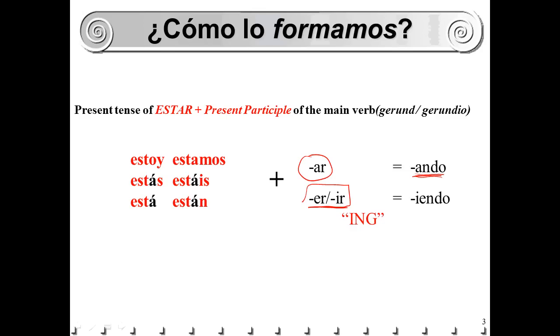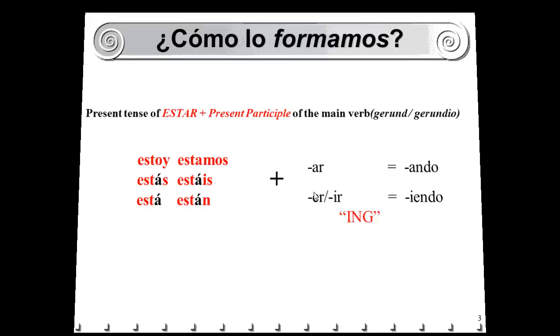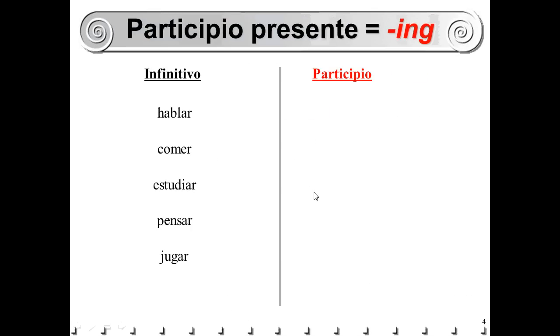So what we're just going to practice now is forming the present participle, which is the ing part of it. So here, for example, we have hablar, comer, estudiar, pensar, and jugar. We'll do the first one together. Hablar, to form the participle, you would take off the ending, and then you would add ando.